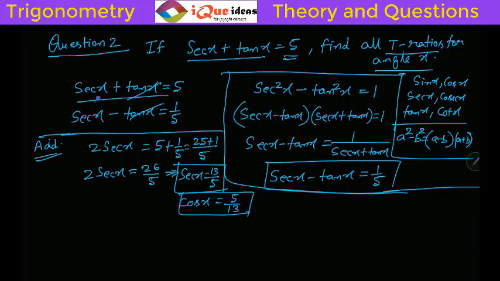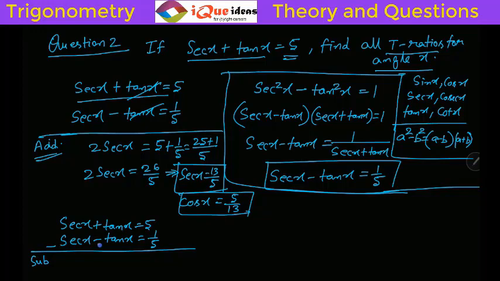Or what you can also do is you can go back here and subtract. So I'll write those two equations again. Sec x plus tan x equal to 5. Sec x minus tan x equal to 1 by 5. And now you subtract. So if you subtract, what will happen? This becomes minus, this becomes plus. Sec x and sec x get cancelled. Tan x plus tan x is 2 tan x.